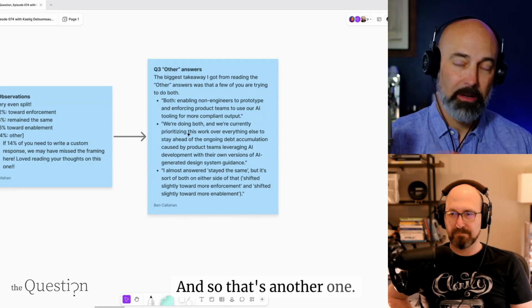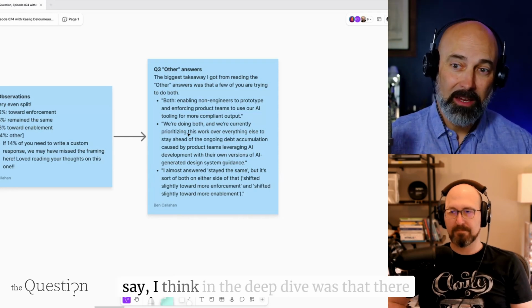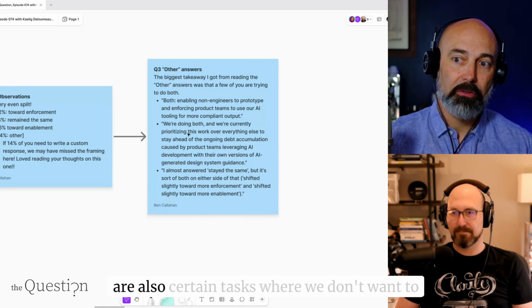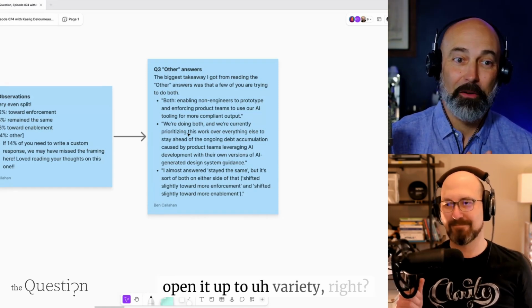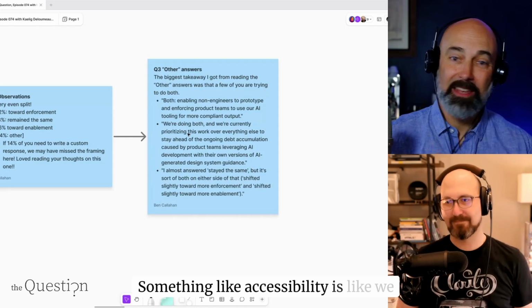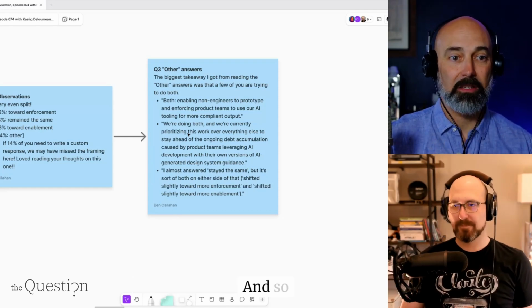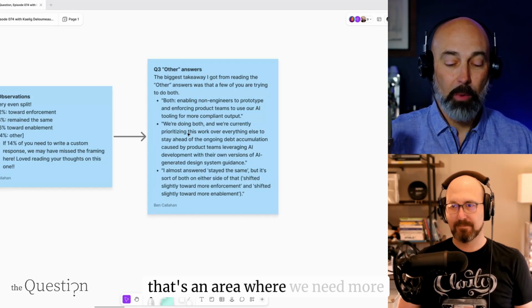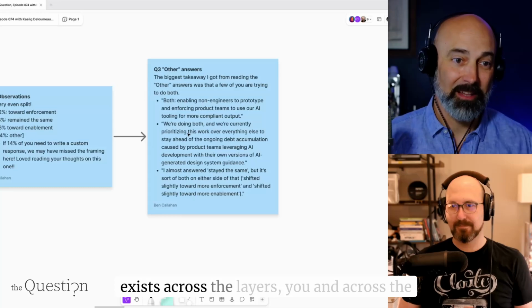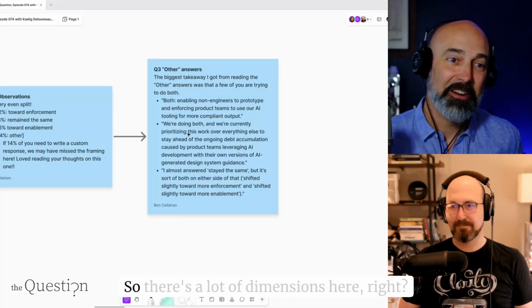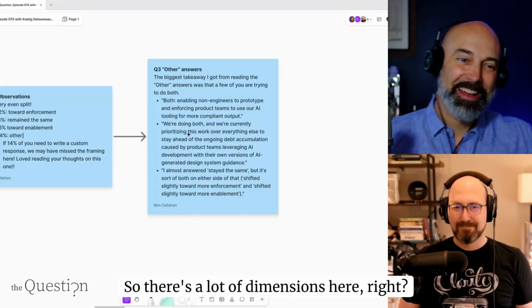And then the other thing that I heard you say, I think in the deep dive, was that there are also certain tasks where we don't want to open it up to variety, right? Something like accessibility is like we cannot compromise there. And so that's an area where we need more enforcement, and that's not at any specific layer. That exists across the layers, and across the time. So there's a lot of dimensions here, right?